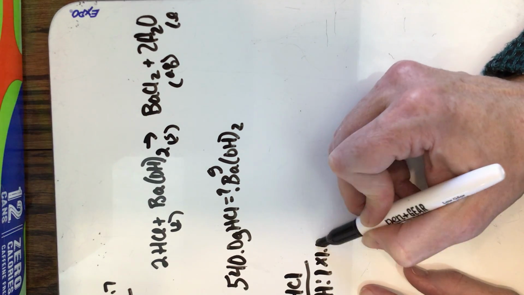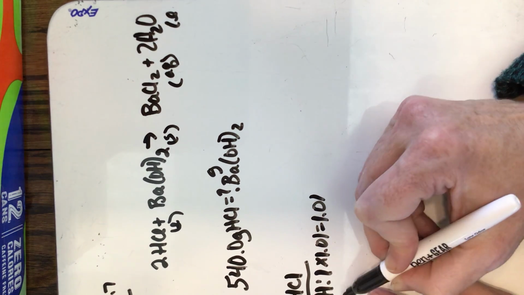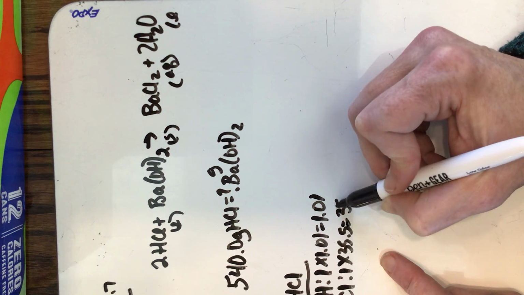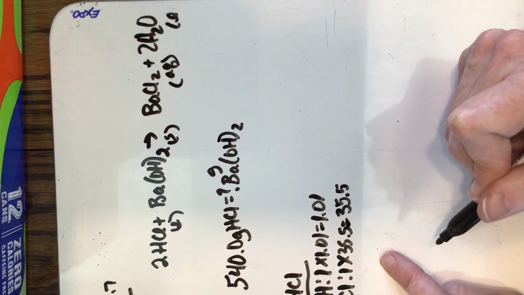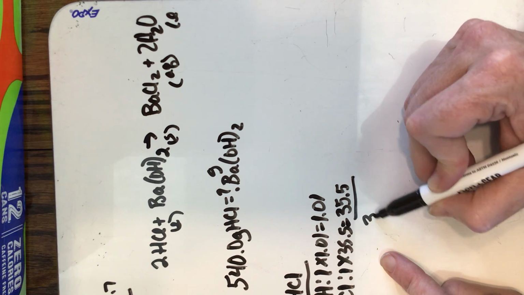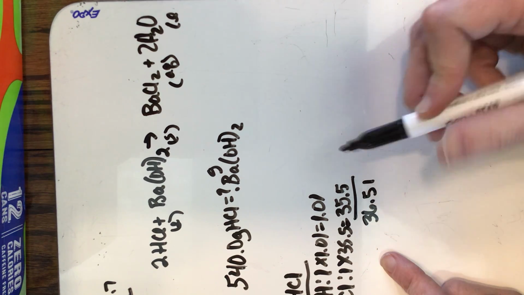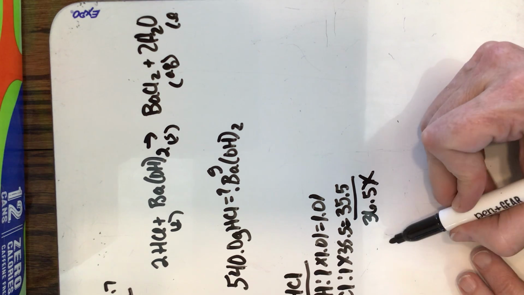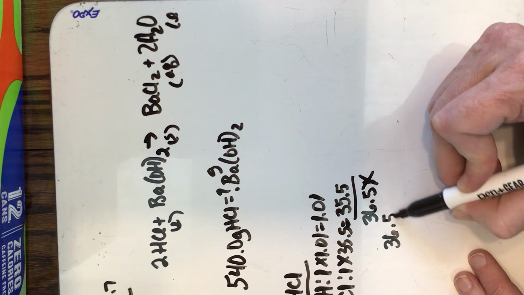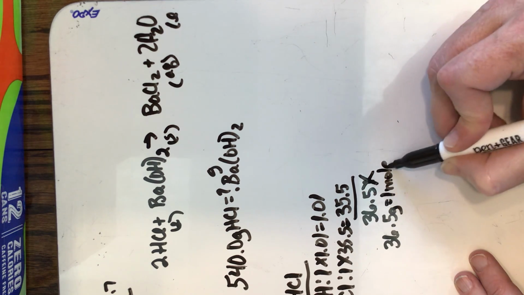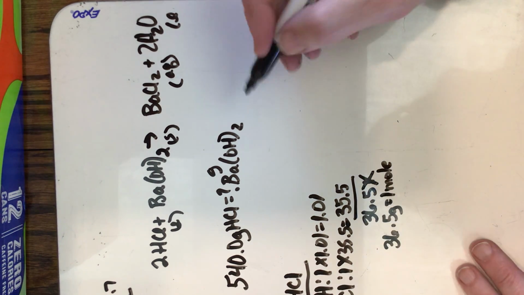Hydrogen, 1 times 1.01. Chlorine, 1 times 35.5. So 36.51. This 1 is not going to affect the 5, and we only want it to the precision of the tenths place. There are 36.5 grams of HCl in 1 mole of HCl, and that's nice because that's where we're going to start.